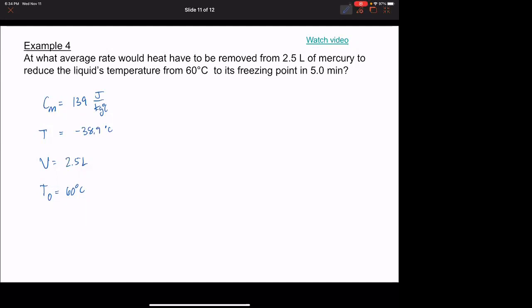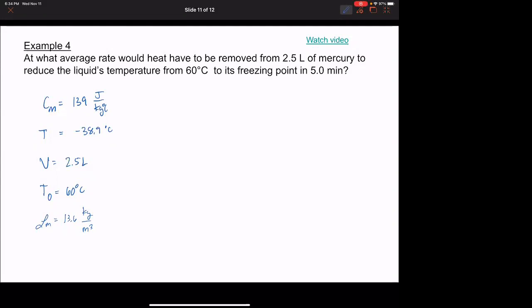Oh, I found it first. The density of mercury is 13.6 kilograms per meter cubed. All right, feels good to be a winner.